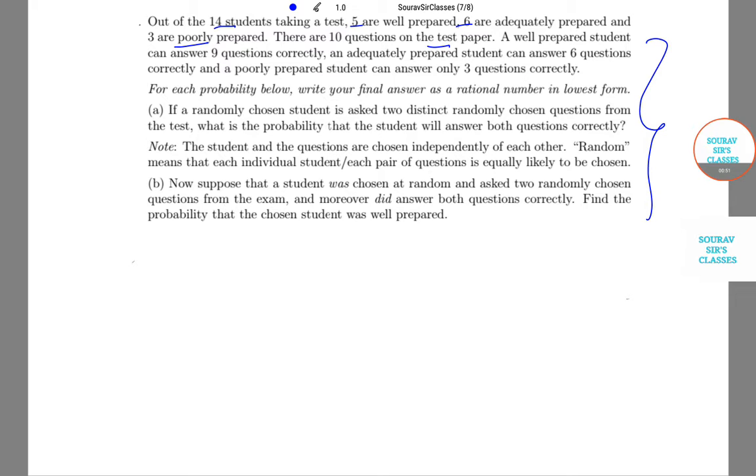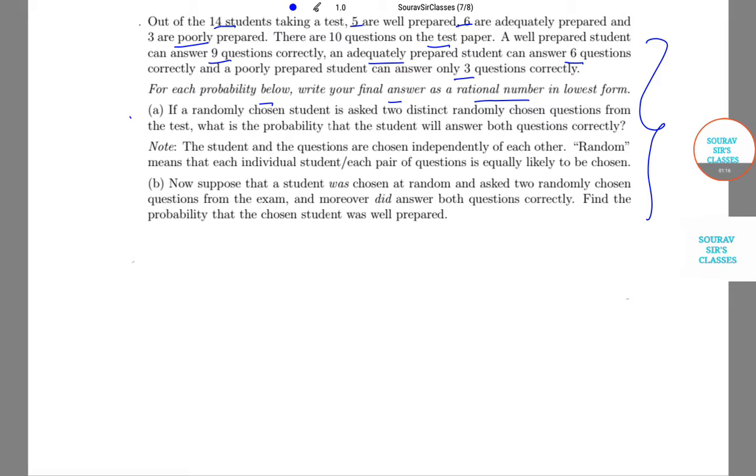A well prepared student can answer 9 questions correctly. So even if you are well prepared, you cannot answer all. Now an adequately prepared student can answer 6 questions, and this number for a poorly prepared is 3. Now find each probability below and write your final answer as a rational number in lowest form.